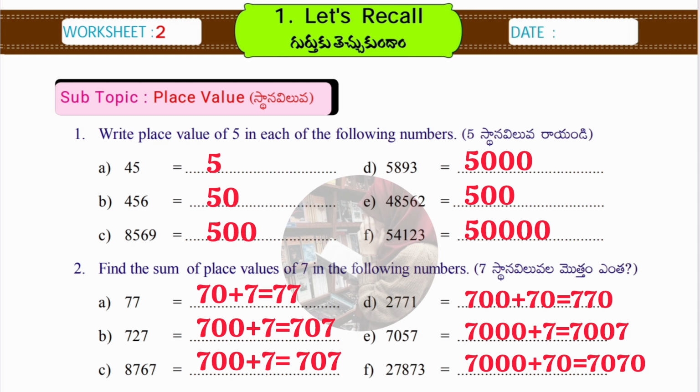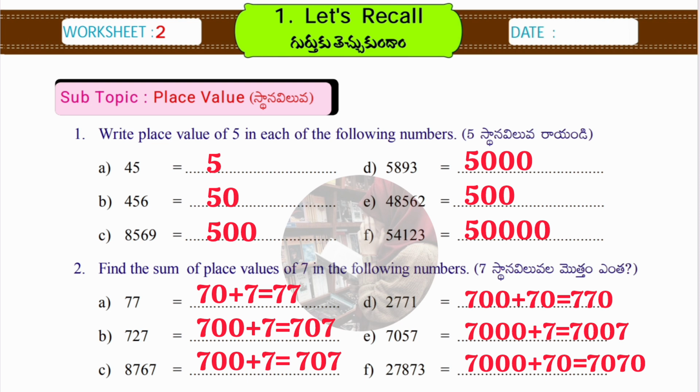In this way we have to write it down. So in the fourth one, 700 plus 70 is 770. Fifth one is 7000 plus 7, which is 7007. Next, sixth one is 7000 plus 70, which is 7070 is the answer. Are you getting, guys?